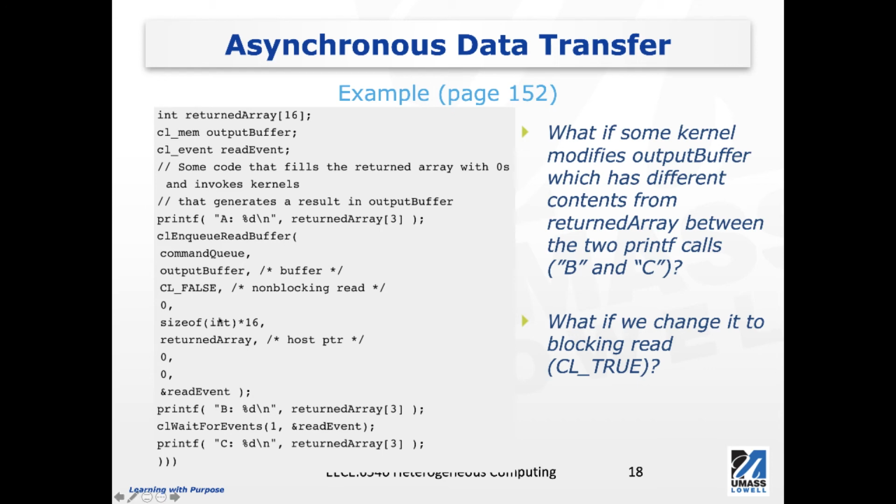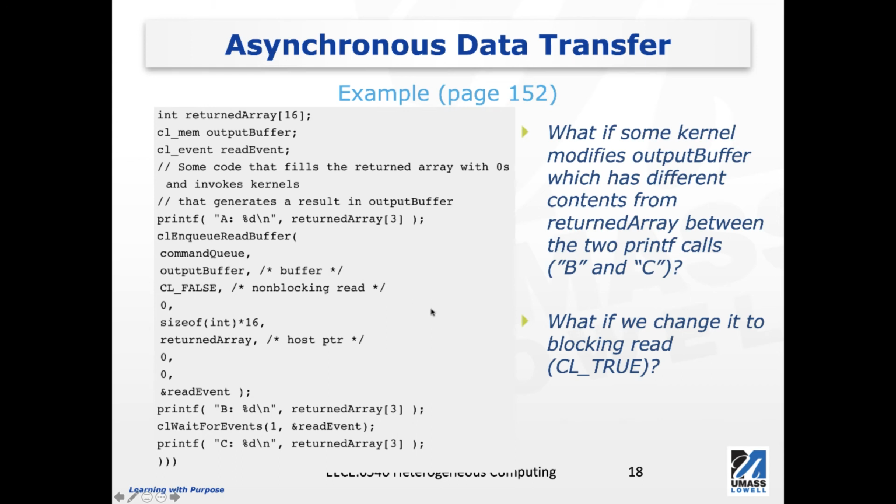And because we have this clWaitForEvents, this is to wait for this read operation to complete, because this read event is the output event of the clEnqueueReadBuffer. So clWaitForEvents will actually block until this read buffer operation is completed. As a result, this printf C will for sure output the final data that's computed by the kernel.